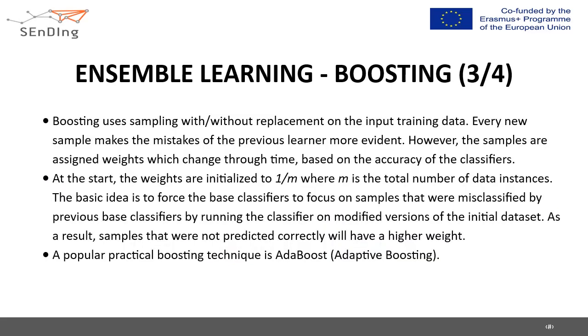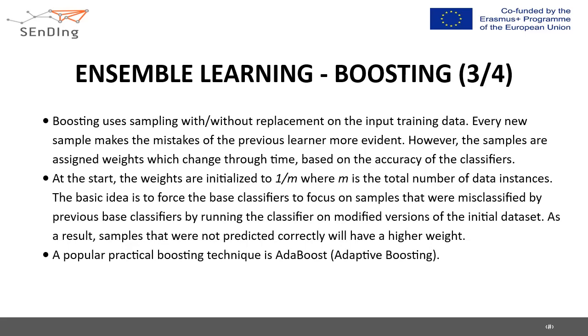Boosting uses sampling with/without replacement on the input training data. Every new sample makes the mistakes of the previous learner more evident. However, the samples are assigned weights which change through time, based on the accuracy of the classifiers. At the start, the weights are initialized to 1/m, where m is the total number of data instances.